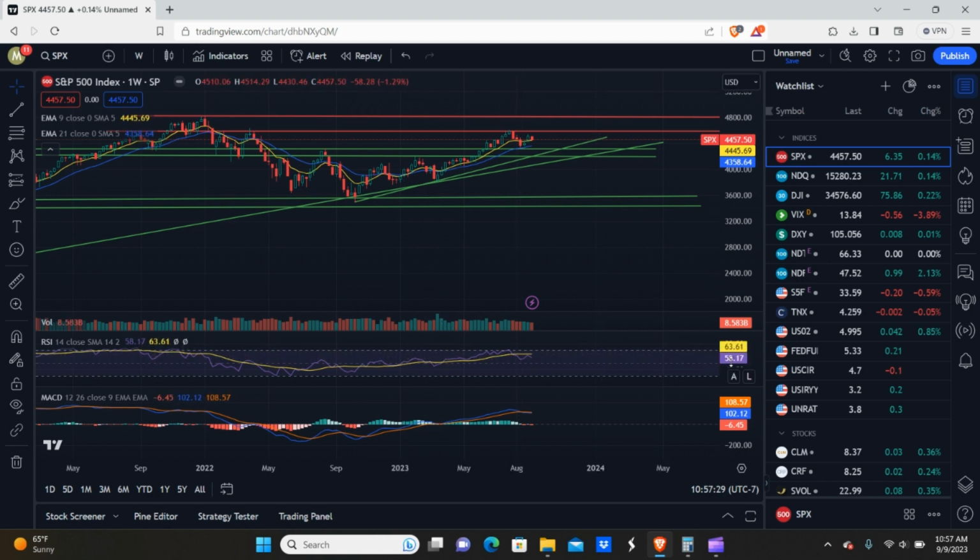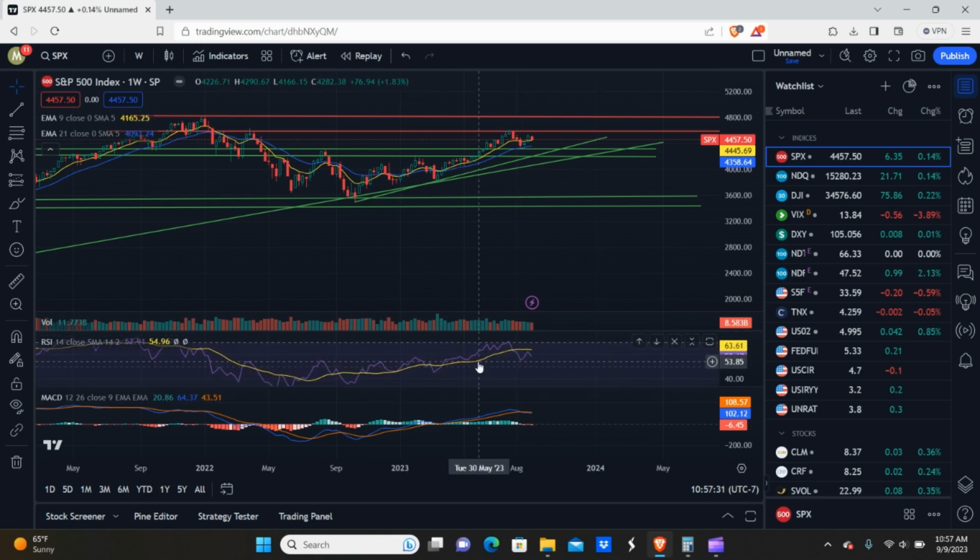And then, I'll zoom in a little bit so you can see this. We want to see both of those lines above and holding above the 50 level. That would indicate, right around here on the chart in February, March, in the RSI, and above the zero line on the MACD, that was indeed a confirmation of a bullish uptrend.